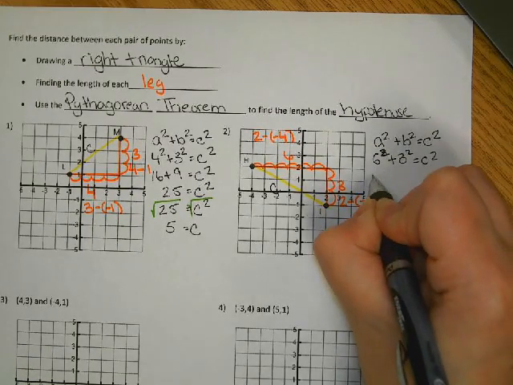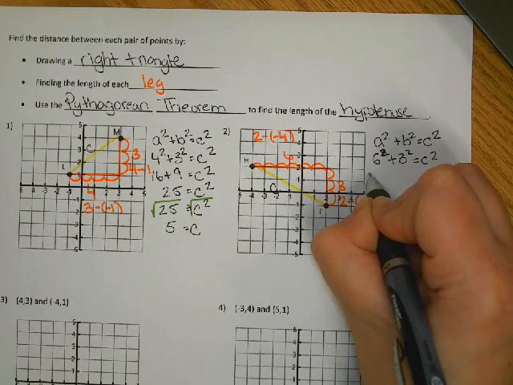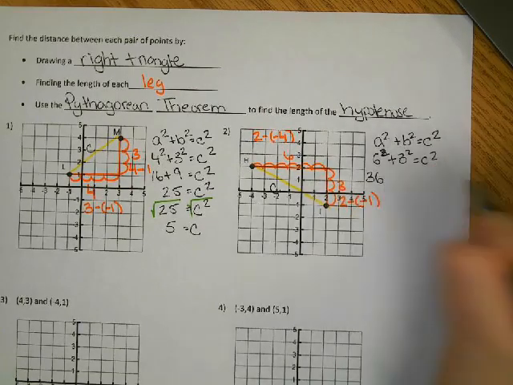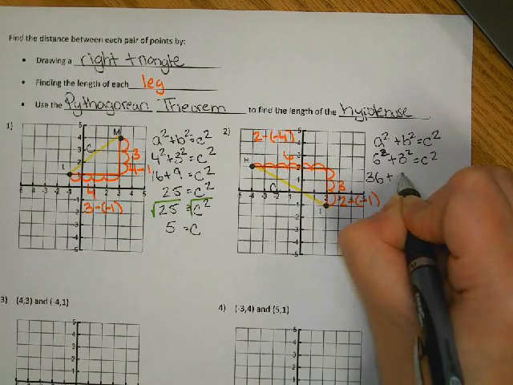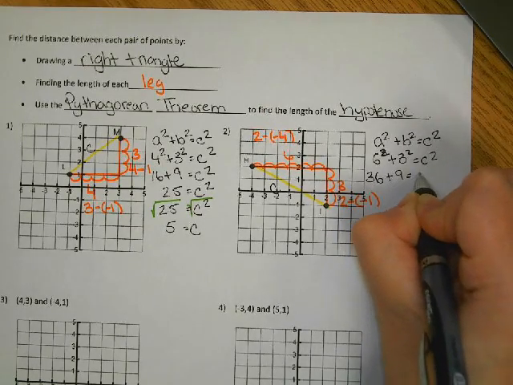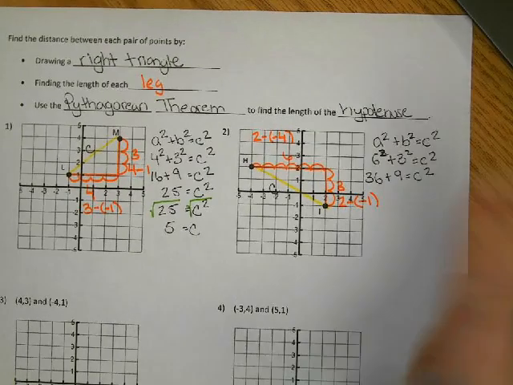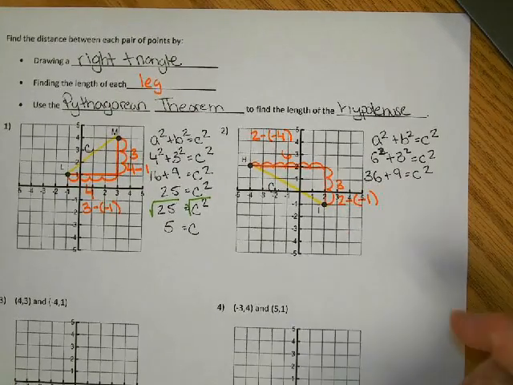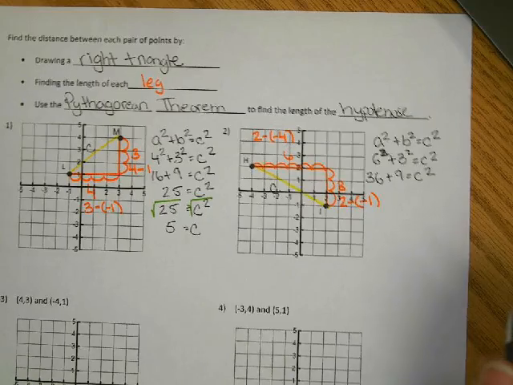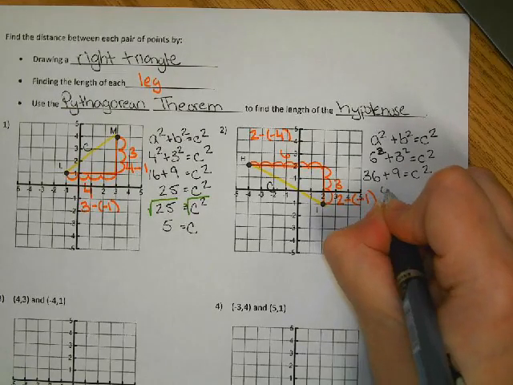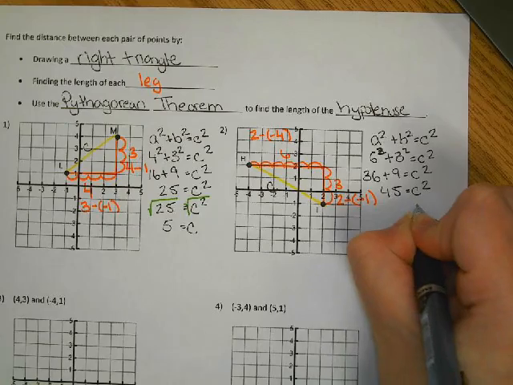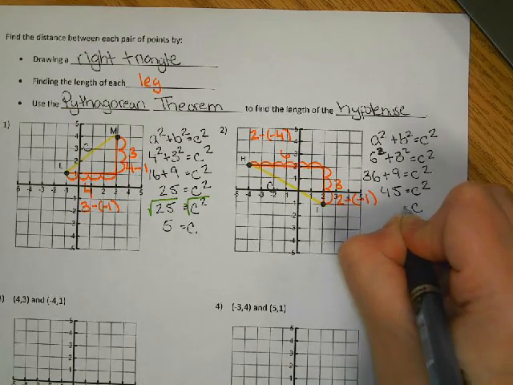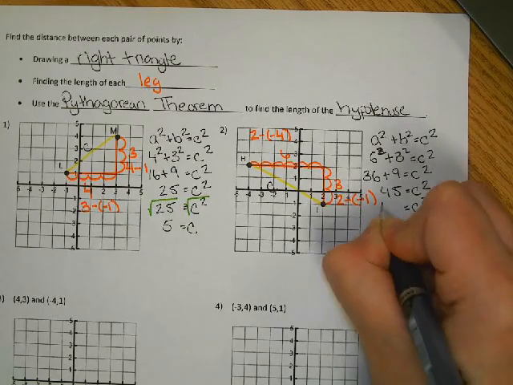What is 6 squared? 36. And what's 3 squared? 9. So what's 36 plus 9? 45. So how do we get just C? What do we do?